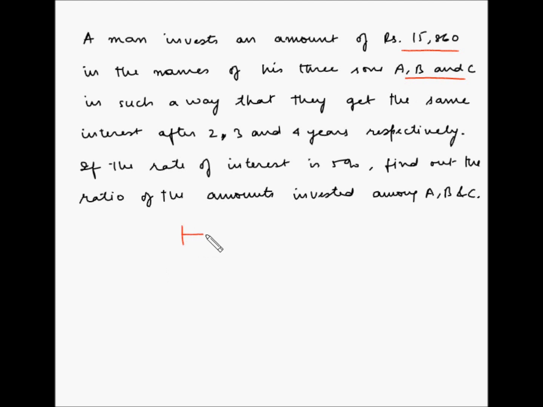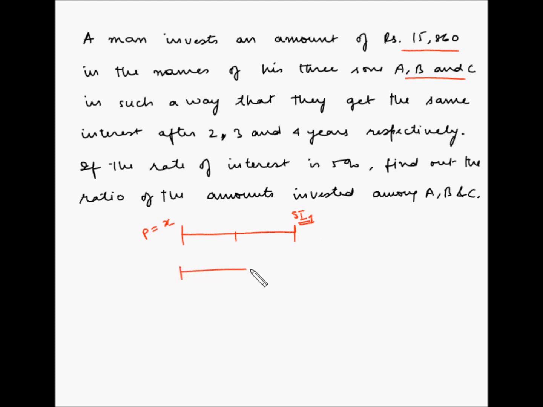So let's say this is the investment for A. Let's say the amount was X. So the principal is X. Now after 2 years, let's say the simple interest is SI 1.